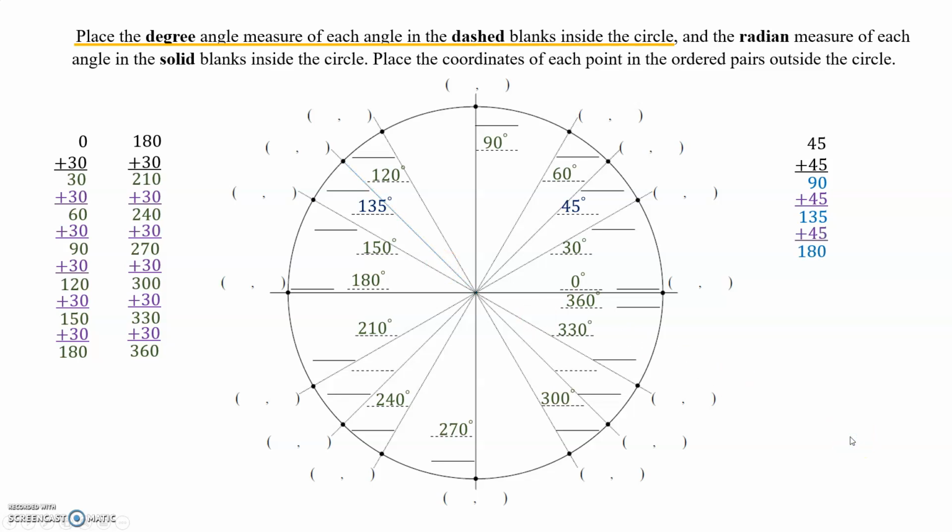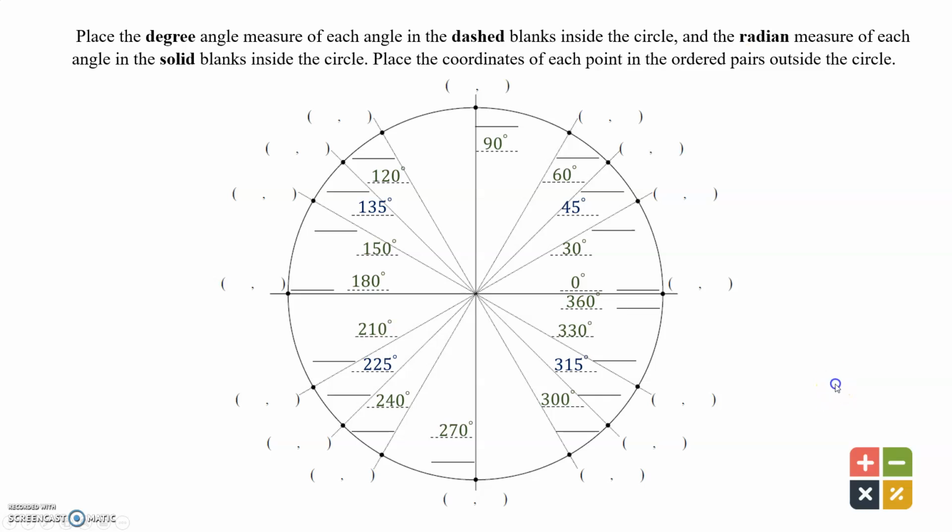Add another 45, 180. It's already there. Add another 45, 225. Add another 45, 270. It's already there. And add my last 45, 315. That fits in. And if I add one more 45, it's the 360, which we already have. So we have now completed filling in all of the degree amounts on our unit circle.